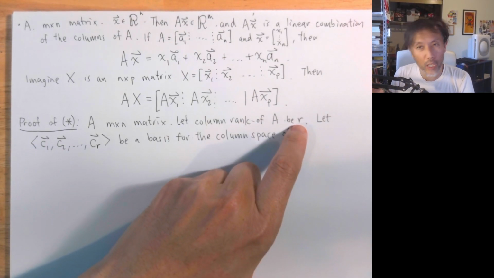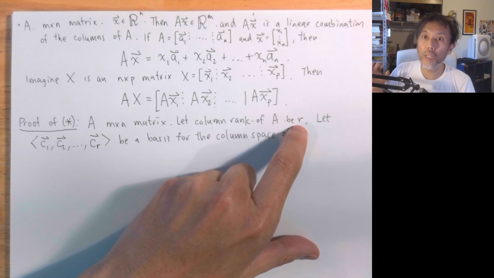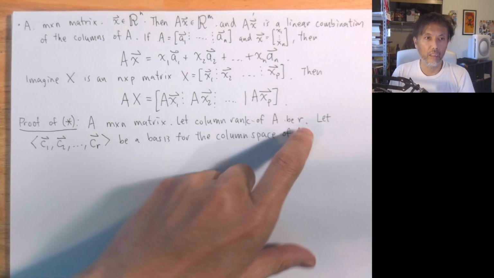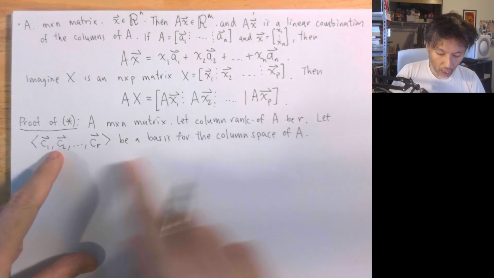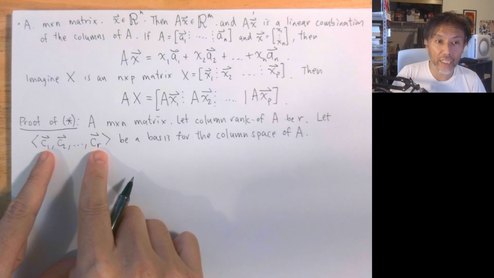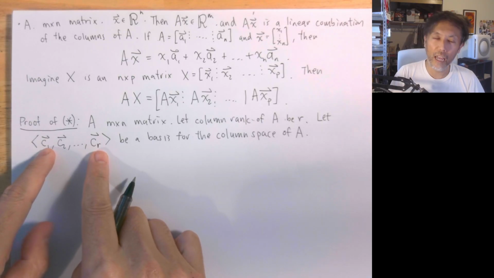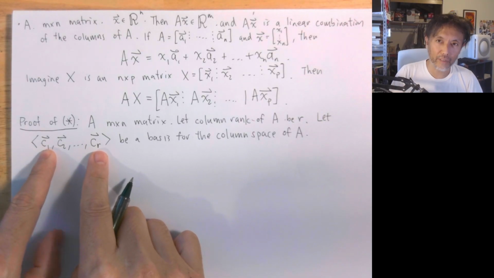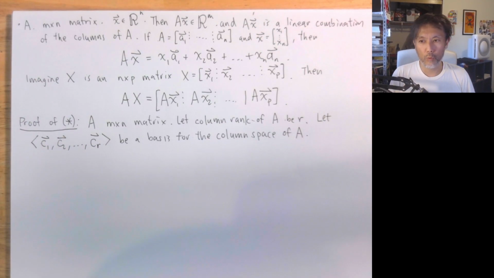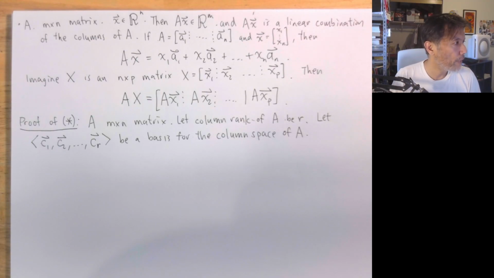Does it have to be smaller? No. Can it be smaller? Yes. So we declare r to be the rank, and therefore this basis must have r elements in it, because every basis of the column space of A has r elements.